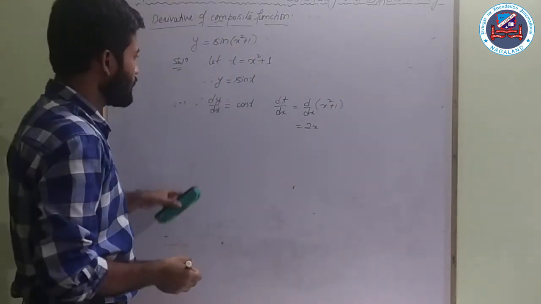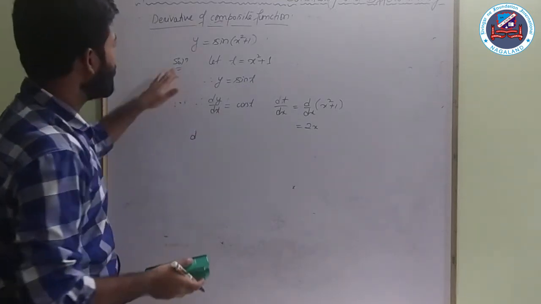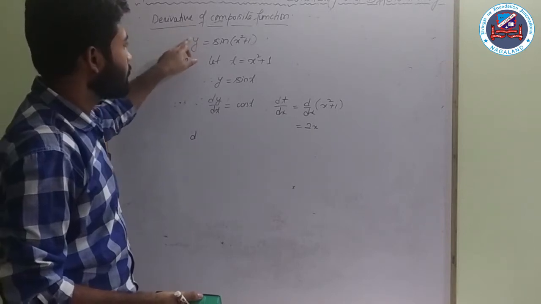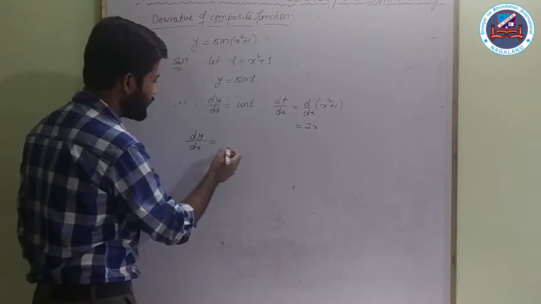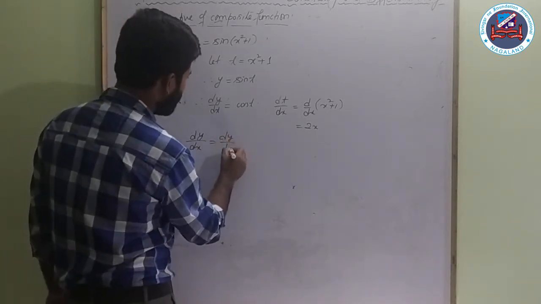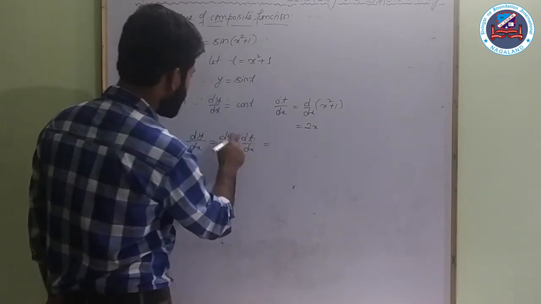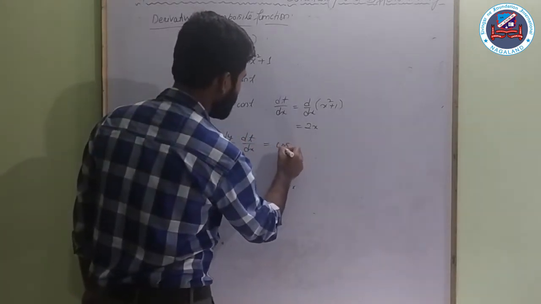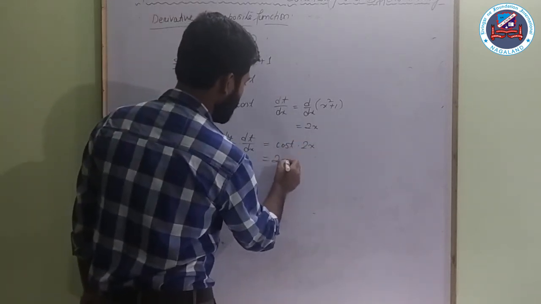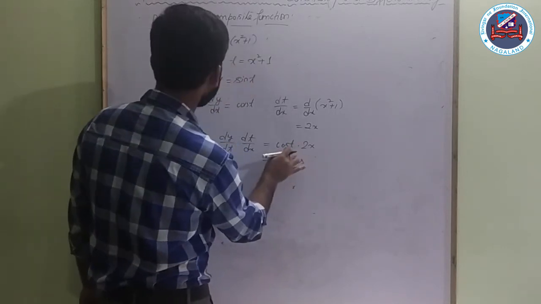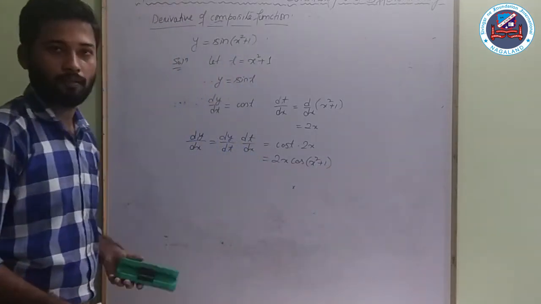Now, using the chain rule, our initial purpose was to take the derivative of y with respect to x. So dy by dx will be equal to dy by dt into dt by dx. Now dy by dt is cos t, and dt by dx is twice x. So we shall have twice x cos of, and in place of t replace it by x squared plus 1. So this is our answer.